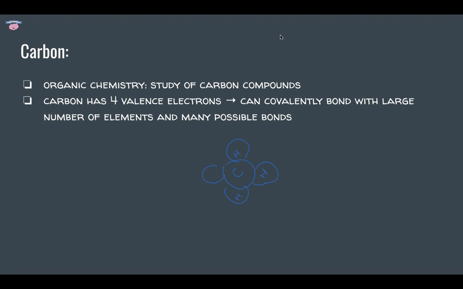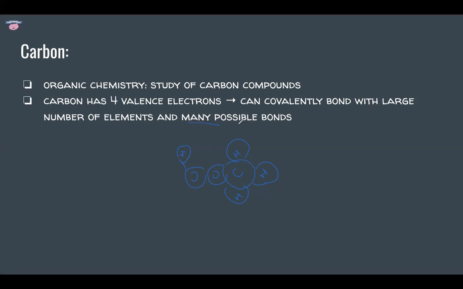Or we can get rid of this hydrogen and bond some sort of oxygen, which then bonds to another oxygen and then a hydrogen somewhere over there. And look at this. This is a huge molecule, and that's small compared to other molecules we'll see. Carbon can form huge compounds. That's why our next video will be on macromolecules, molecules that are large, made up of carbon, etc.